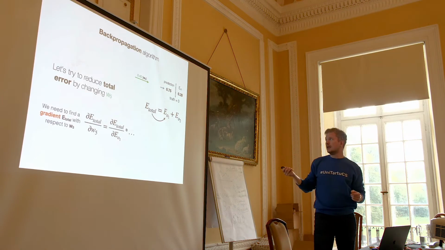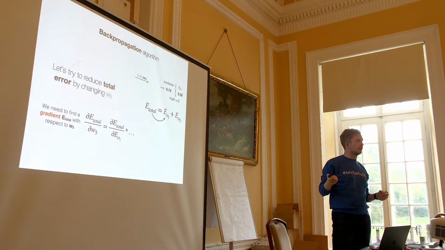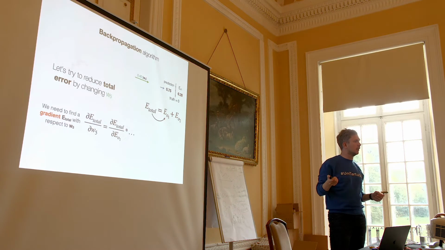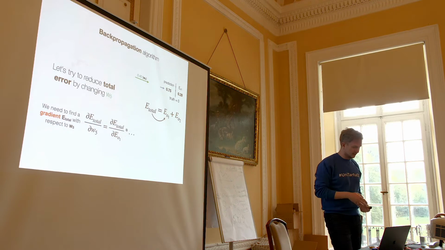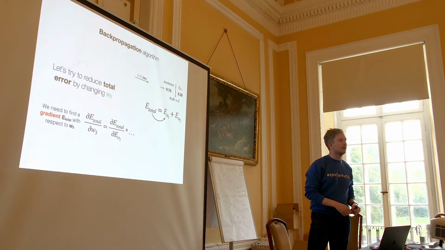So the next bit will concern only EO1 and not EO2. Why? Because W5 was used to calculate EO1.